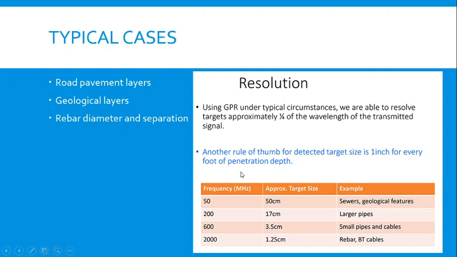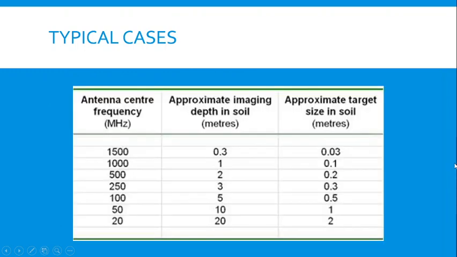These rules of thumb should be obeyed before going for any particular project. And if there is a question of using any particular antenna in terms of resolution, we have to consider these rules of thumb.